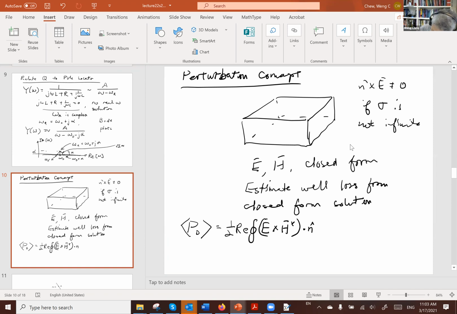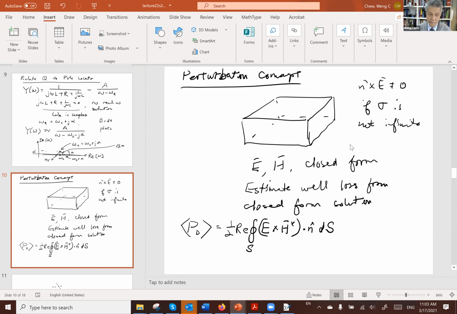And if I dot it with the normal to the cavity wall, that will be the Poynting vector flowing with power into the side wall. And then if I integrate this over all the 4 or the 6 walls I have in this cavity, that will give me the total power dissipated.